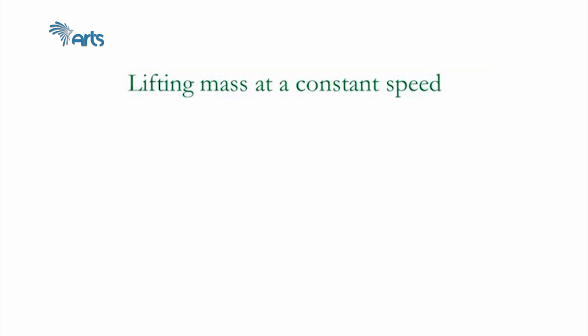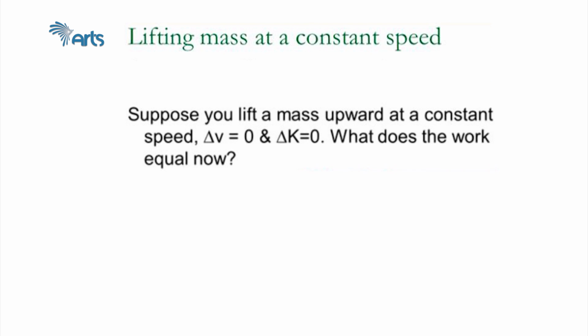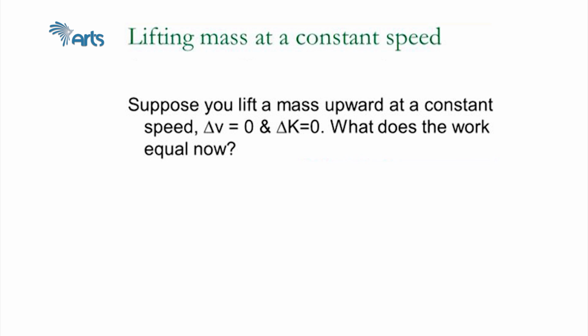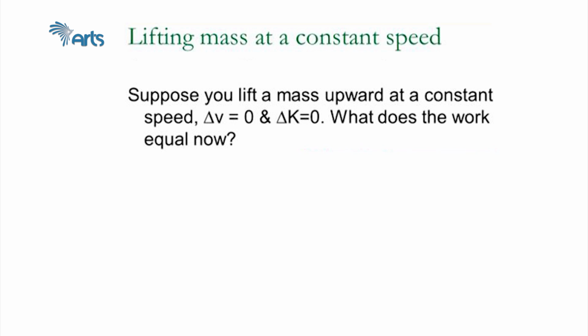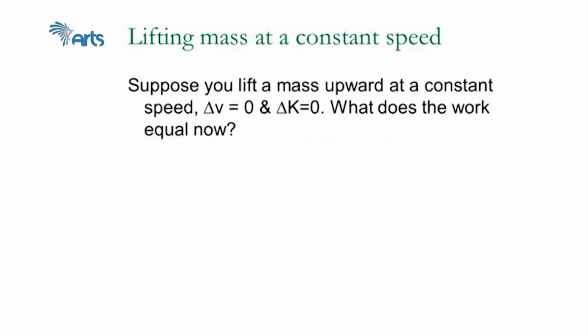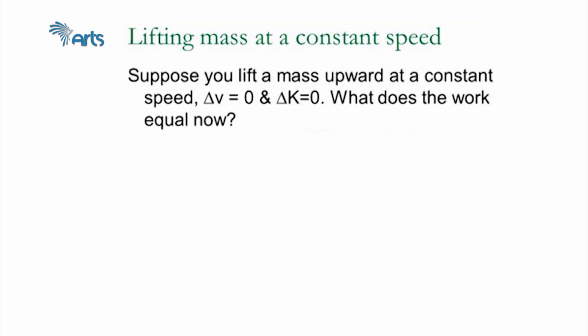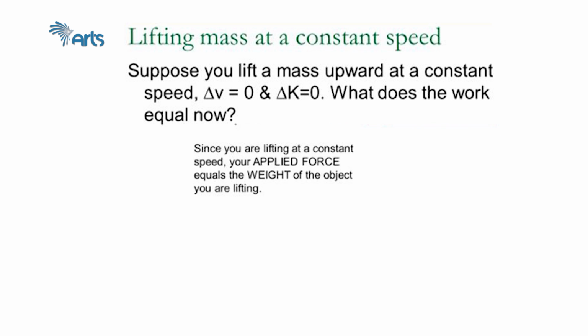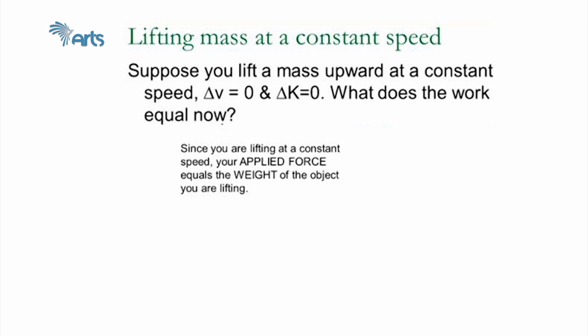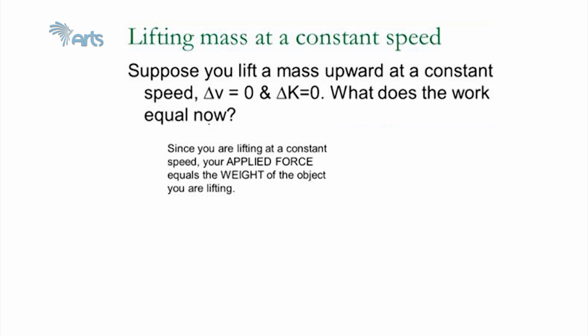Let's say lifting a mass at a constant speed. Suppose you lift a mass upward at a constant speed, change in v equals 0, and change in kinetic energy is 0. So what does the work equal now? Since you are lifting at a constant speed, your applied force equals the weight of the object you are lifting.